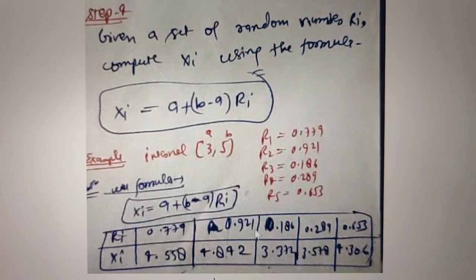We do the same for the random number 0.921, and putting the values in the random variate formula, we get 4.842. For the third one, the random number 0.186, using the standard formula for the uniform distribution, we get 3.372. For r4 and r5 we calculate accordingly. So this is the simple process.